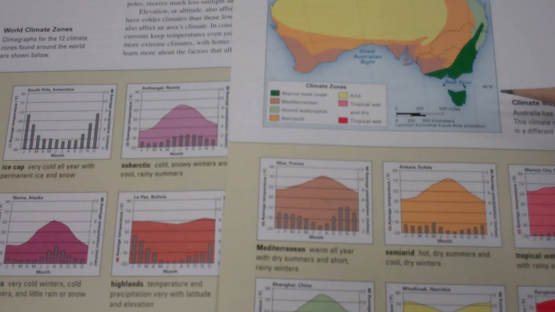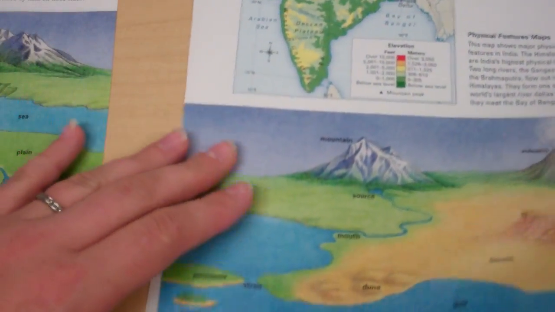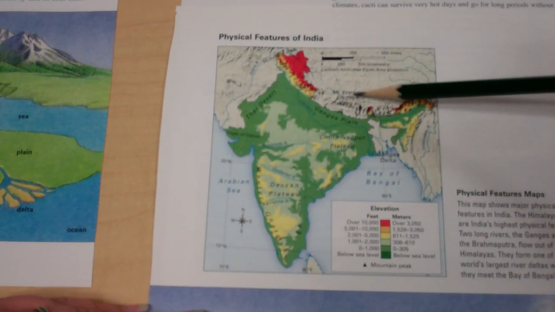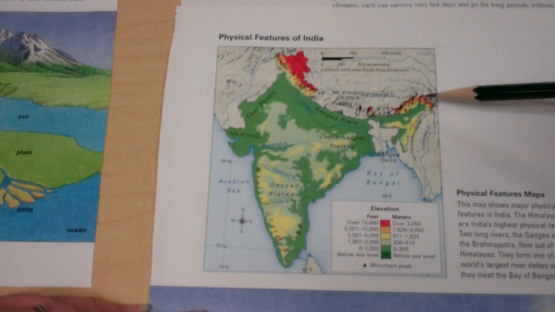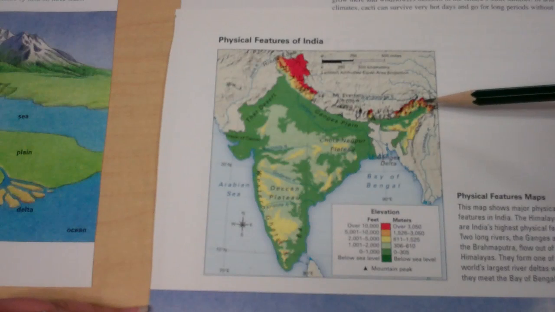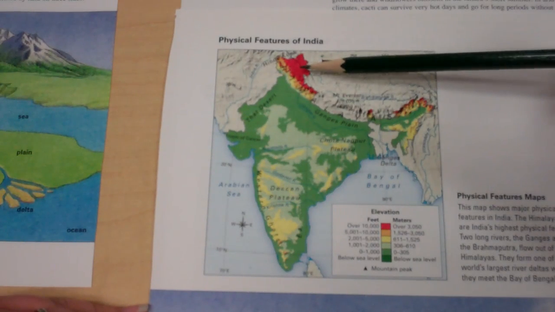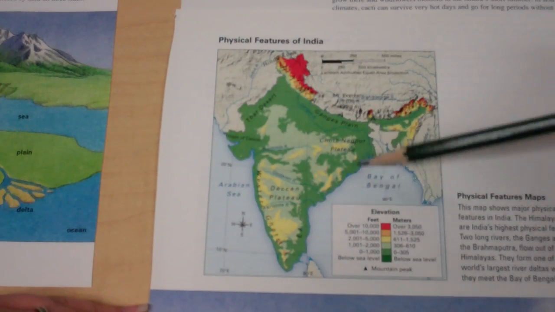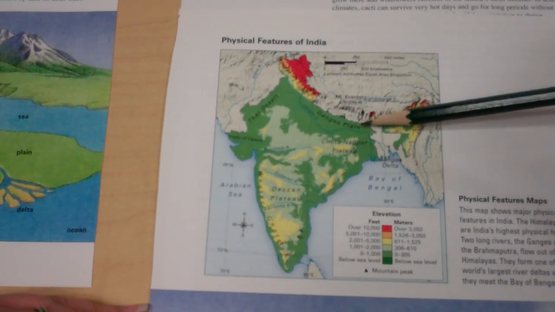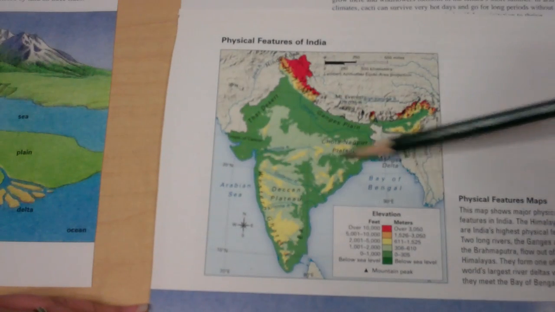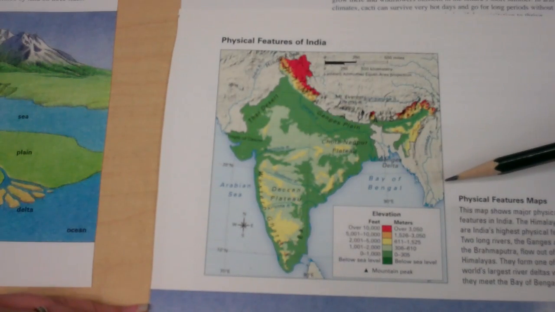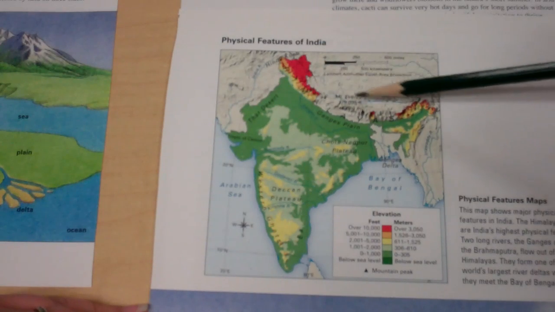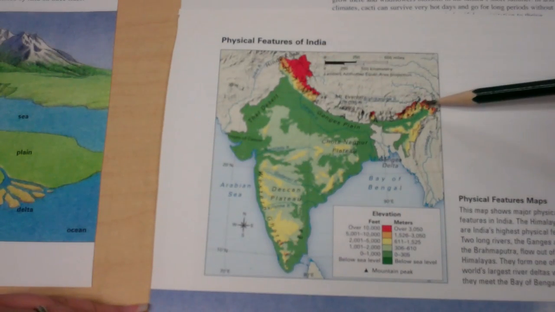So if you remember our map of the Himalayan mountains, our Himalayan mountains are actually going to be very cold at the summit of those mountains because the air is much thinner, and yet the Mount Everest, the tallest point in the world, is very close to the tropics. Yet it's never going to experience a tropical climate. So location on the globe due to your latitude will impact your climate, but so will your elevation or altitude into the atmosphere.